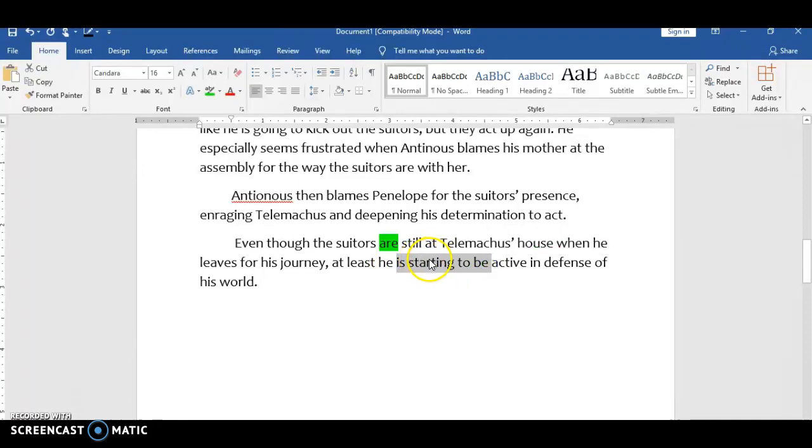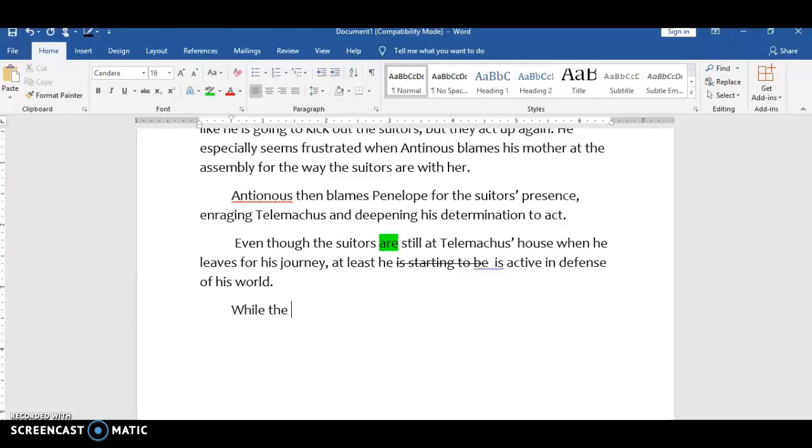Even though starting isn't a linking verb, because the final part of this whole phrase is to be, is starting to be, we know that that is a linking verb. At least he, and we can prove that it's a linking verb by substituting simply the word is, because he is active in defense of his world. So you see how this, yes, it's a linking verb, but it would be better than a four-word linking verb. So let's see what we can do in order to make that final sentence better.